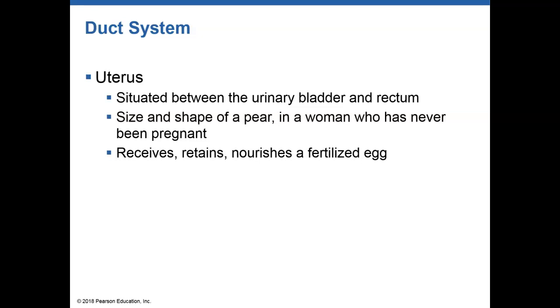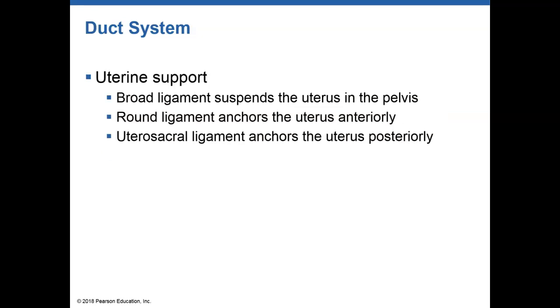It houses the embryo and fetus during development, and then holds on to that pregnancy until expulsion of the pregnancy. The uterus also has that broad ligament. It has the uterosacral ligament and round ligaments.